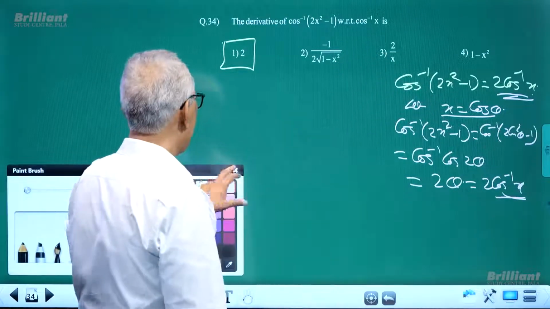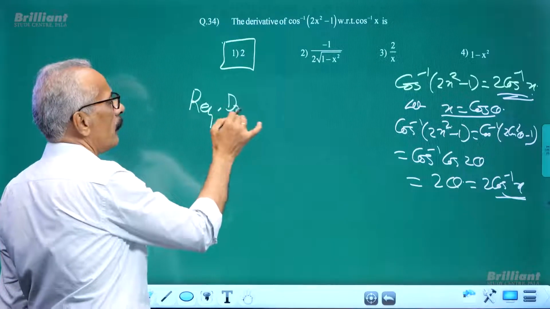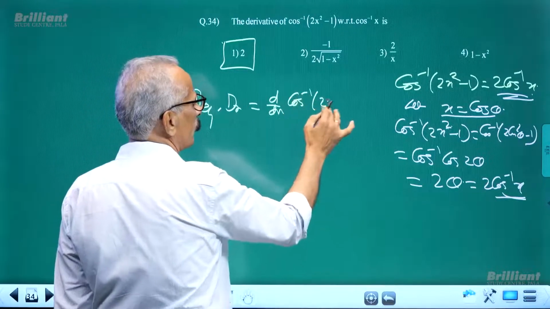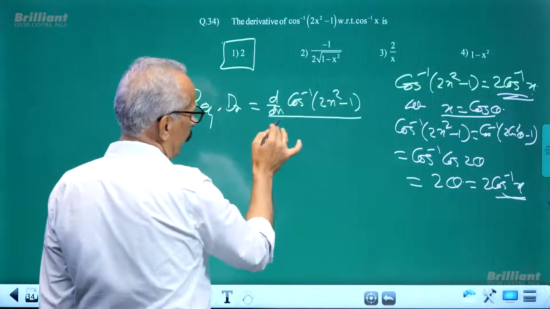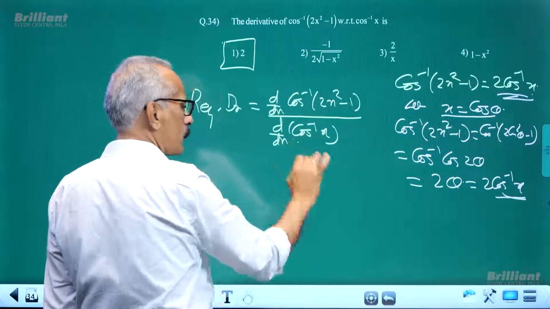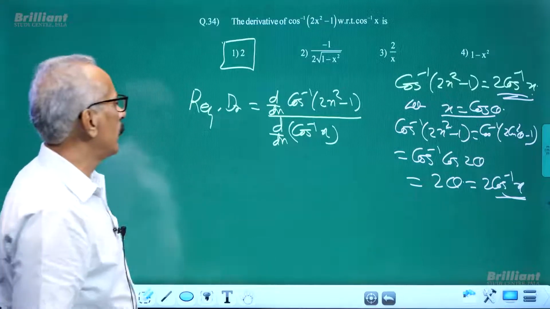Well, we come back to your question. Therefore, required derivative is equal to d by dx of cos inverse of 2x square minus 1 divided by d by dx of cos inverse x. Derivative of a function with respect to another function.